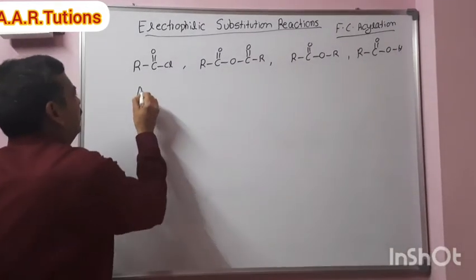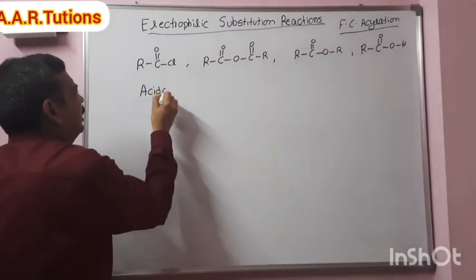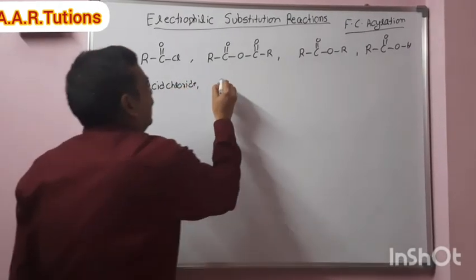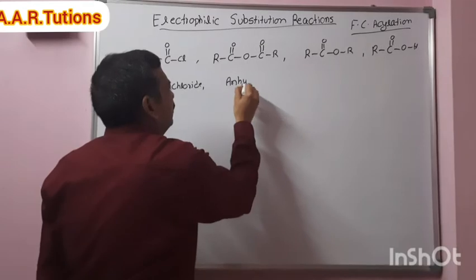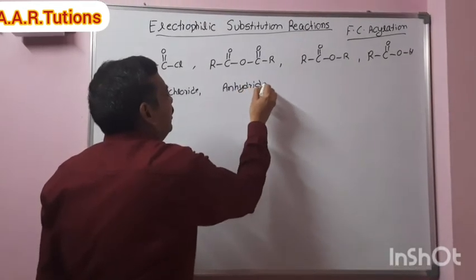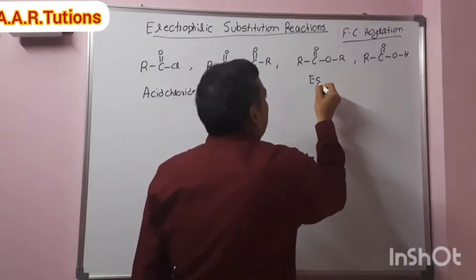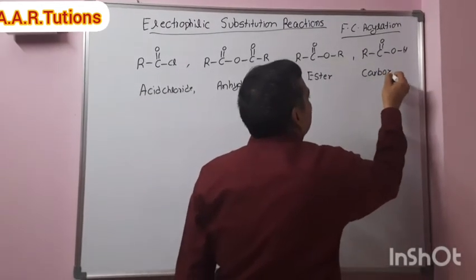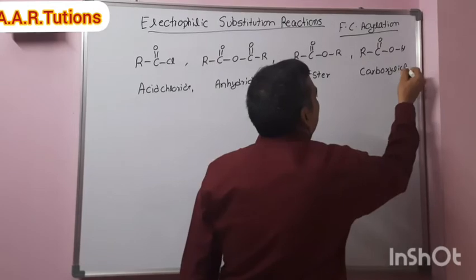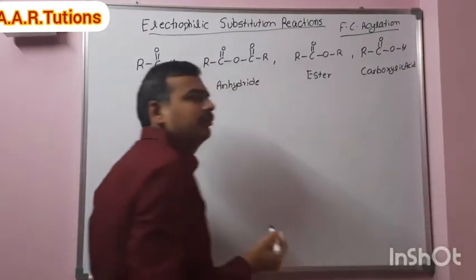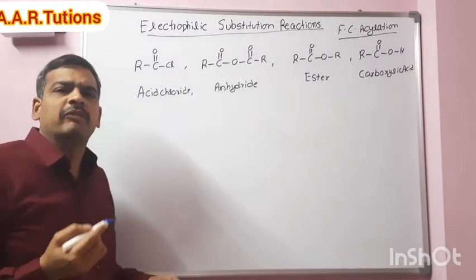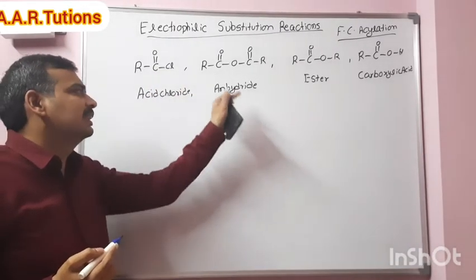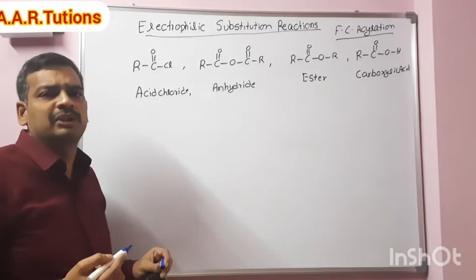Acid chlorides or acid halides, anhydrides, esters and carboxylic acids. So these four types of compounds undergo Friedel-Crafts acylation. We already discussed the acid chloride. Now we discuss anhydrides, esters and carboxylic acids.